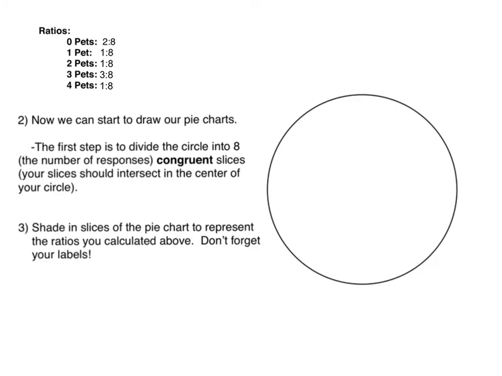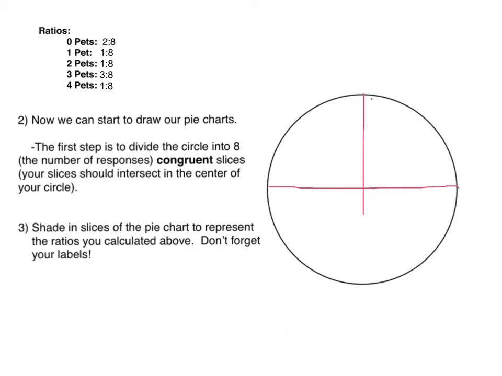The first step is to divide the circle into 8 congruent slices because we had 8 total responses. Because we aren't using tools, our slices might not be exactly congruent, but you should make it as close as possible. All of the lines should intersect in the middle.